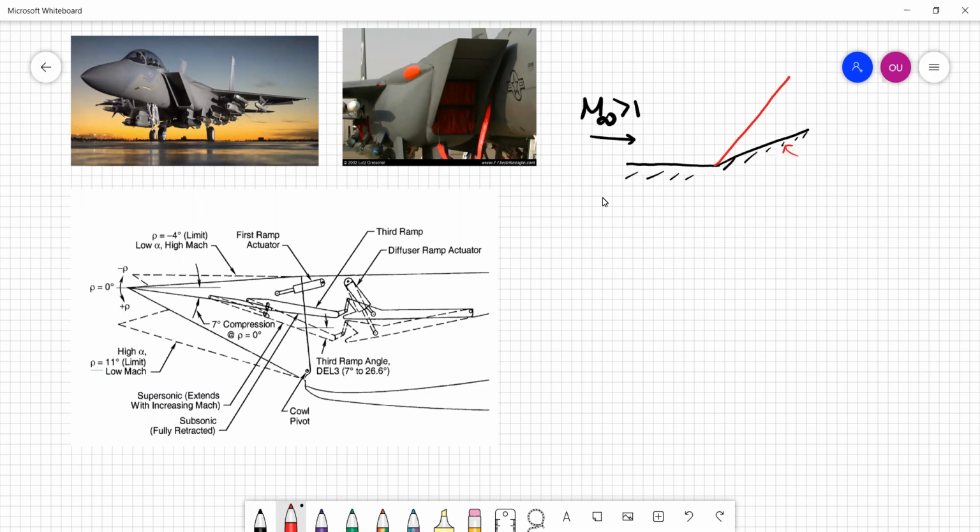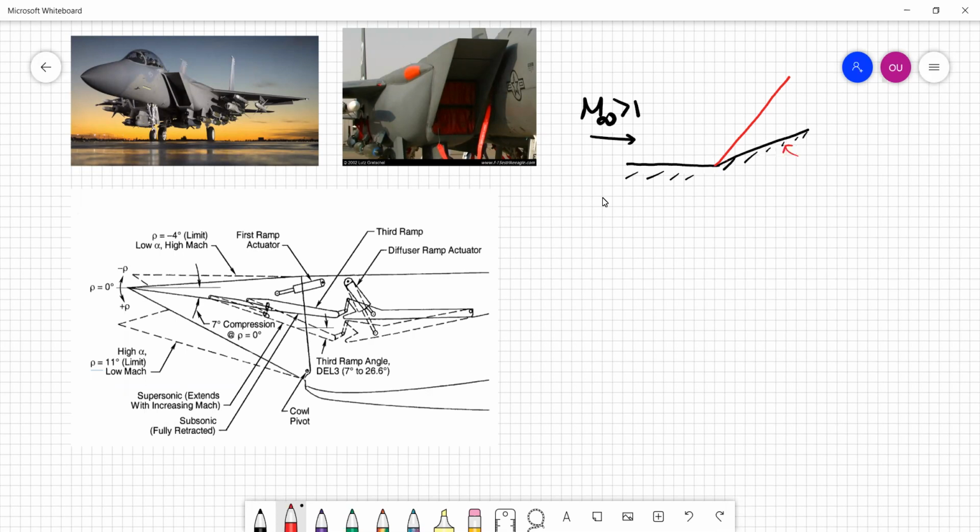The intake is shown here, and you know that in the fuselage somewhere at the back you actually have the engine. Now the engines cannot operate when they are subjected to a supersonic airstream, so the airflow must be decelerated to subsonic speeds right in front of the engine, and we do that task using a supersonic inlet design.